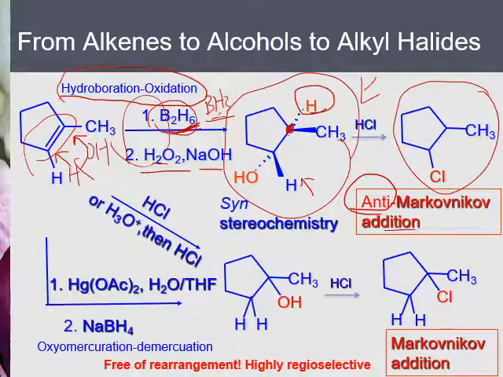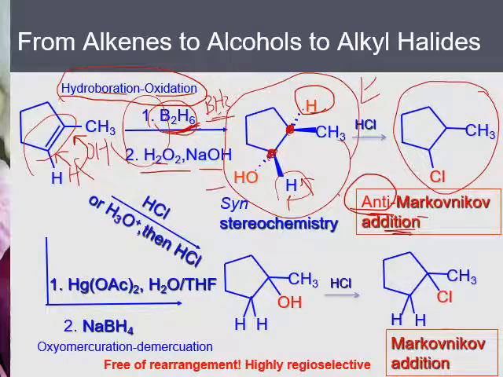But anti-Markovnikov says the hydrogen goes to the carbon that has the least hydrogen. And hydroxy adds to the carbon that has the most hydrogen, which has one hydrogen in this molecule. So hydroboration oxidation gives you an alcohol, following anti-Markovnikov addition.